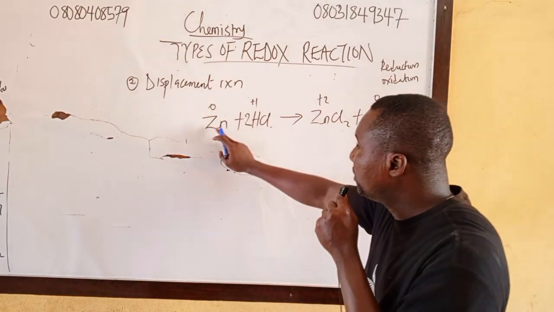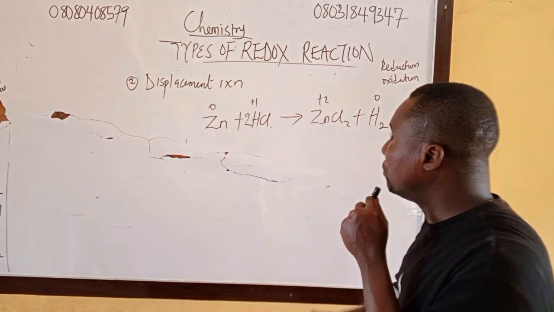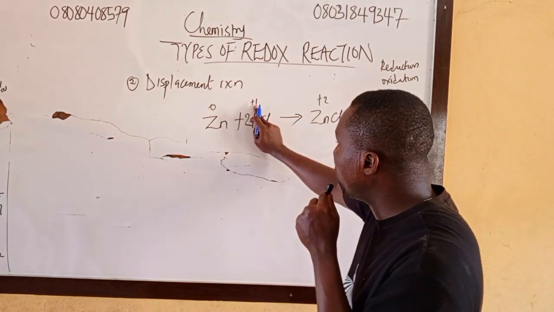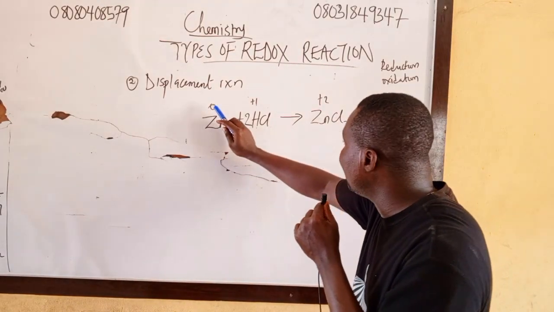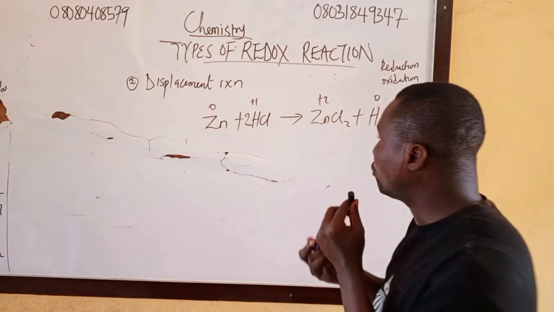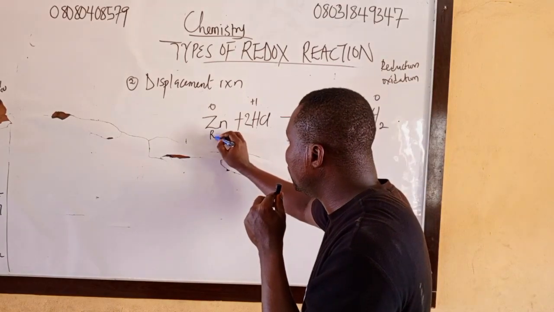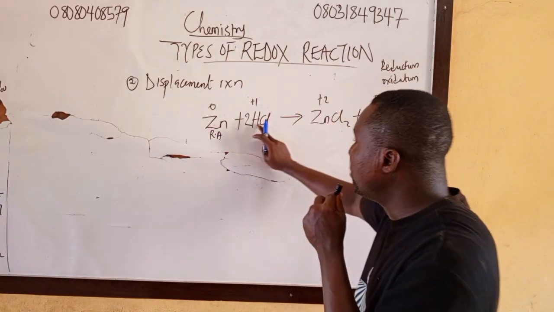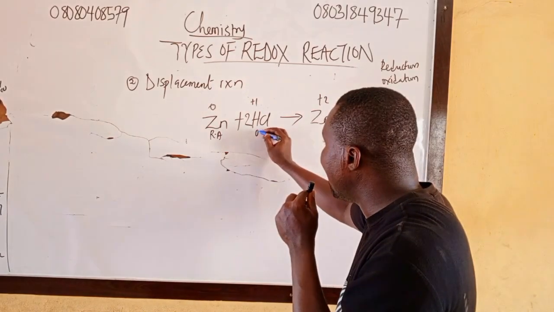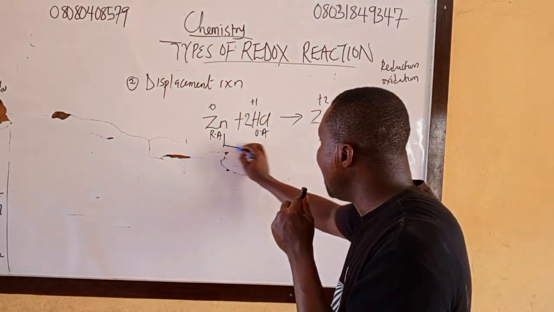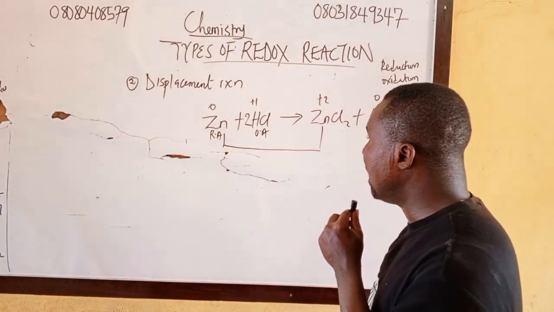But let's move. Look at this. Zinc goes from 0 to +2. Hydrogen goes from +1 to 0. That means zinc has increased from 0 to +2. Therefore, this one is the reducing agent. Hydrogen from +1 to 0 has decreased. Oxidizing agent. From here to here, what kind of reaction?